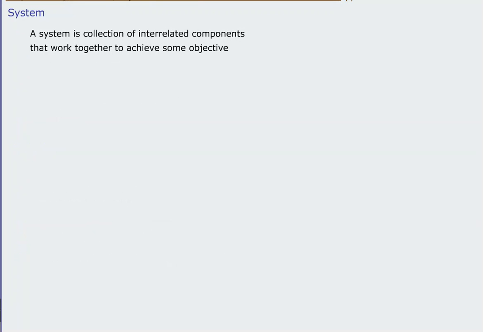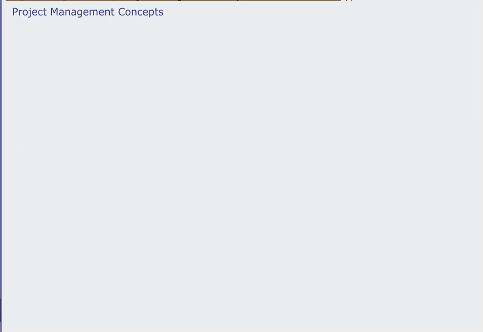We define the system as a collection of software system needs to be managed efficiently and effectively. For this purpose, we go through the project management concepts. First of all, we look at the meaning of a project.